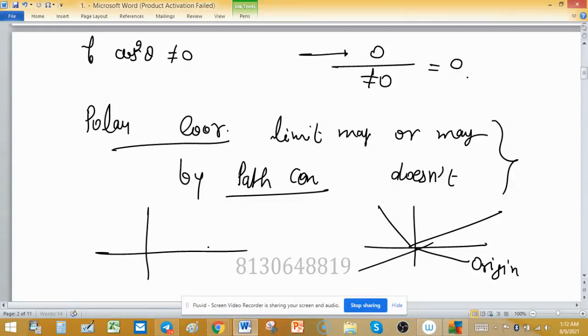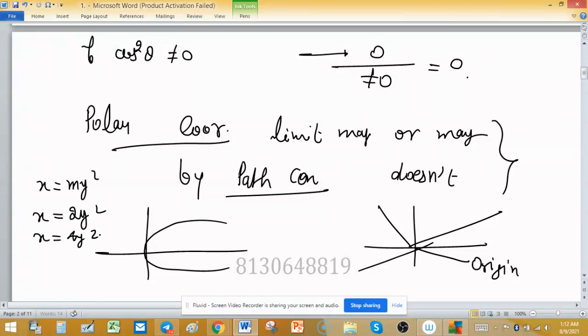In the path concept we can choose any path, either in the polar coordinate system or otherwise. In the Cartesian system, as we took x equal to m y square, you can choose x equal to 2y square or x equal to 4y square. You have different values of m, so the paths may be different, and the limits are also different.